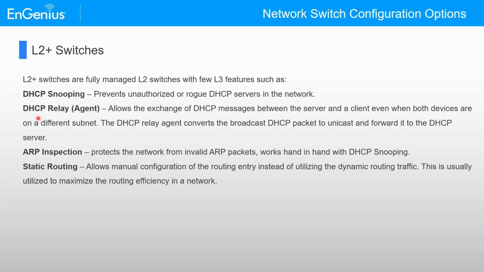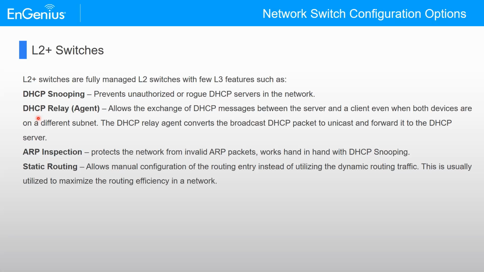What it does is it allows a client to talk to a DHCP server on a different subnet. Usually, for a client device to talk to a DHCP server, they have to be on the same subnet, meaning the same network. For example, my DHCP server is sitting on 192.168.1.1/24, so my subnet mask is 255.255.255.0.